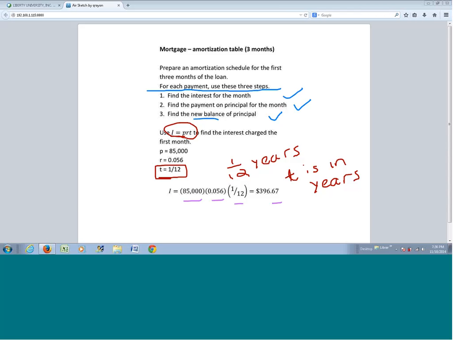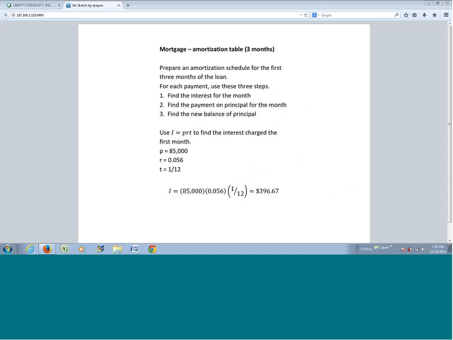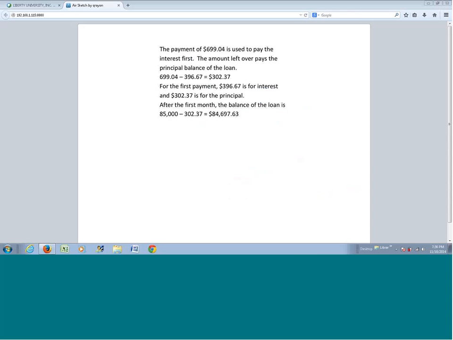$396.67. So that is the interest that is being charged for the first month of this mortgage. So when you make the payment of $699.04, the bank is going to get $396.67. They take their money first, and what is left over is $302.37.